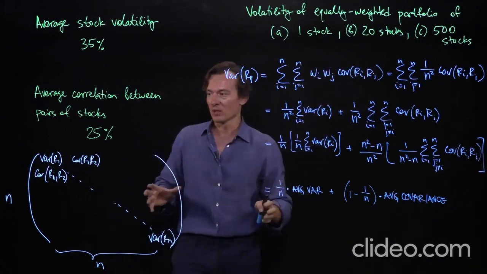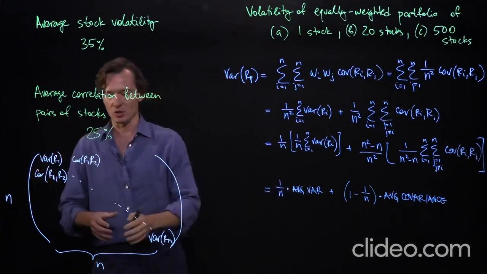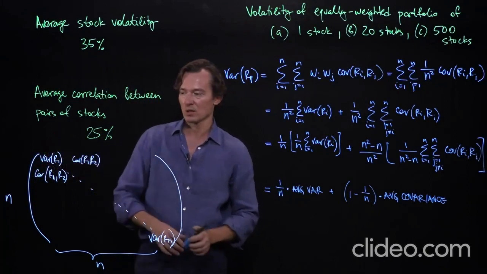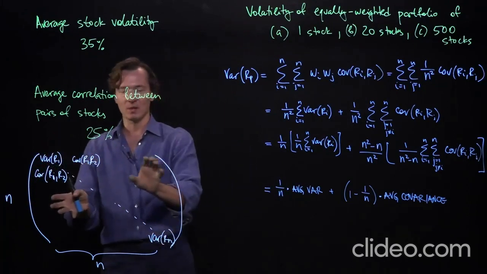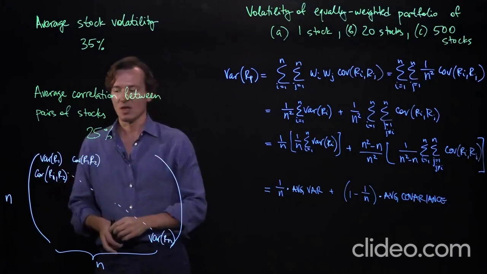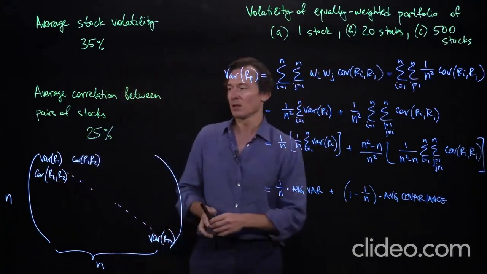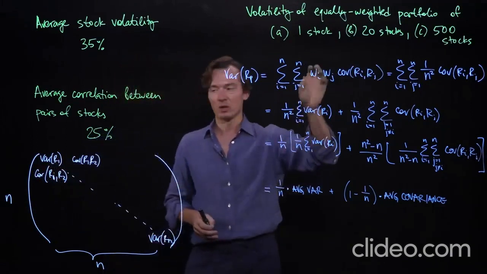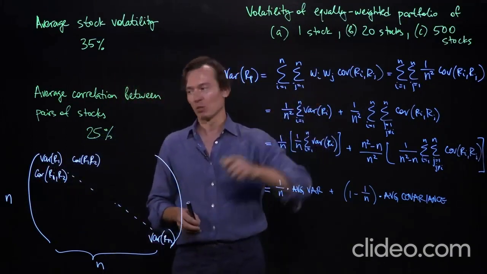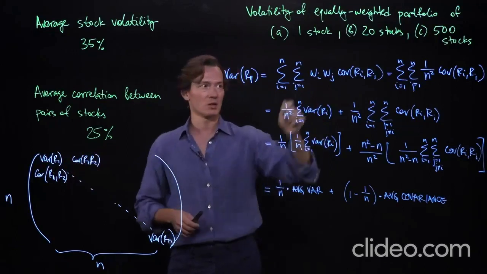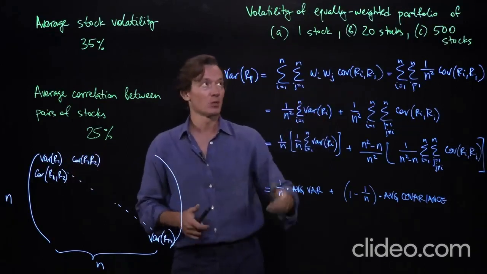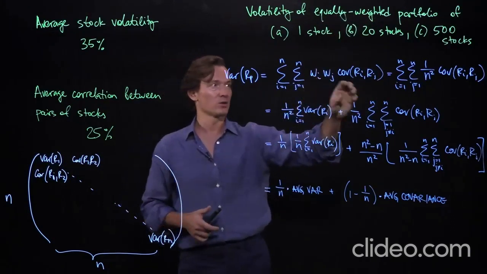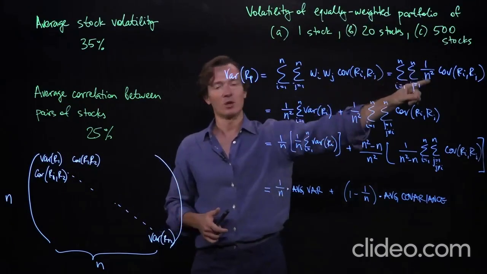So if we think of this variance-covariance matrix where we have on the diagonal the variance of individual stocks and off-diagonal elements are the pairwise covariances, then this is just simply the weighted average of all of these items in this matrix, with the weights that we put in each of these individual stocks, these w's. Since we have an equally weighted portfolio, each of these w's is just 1 over n, and so this product is just 1 over n squared.